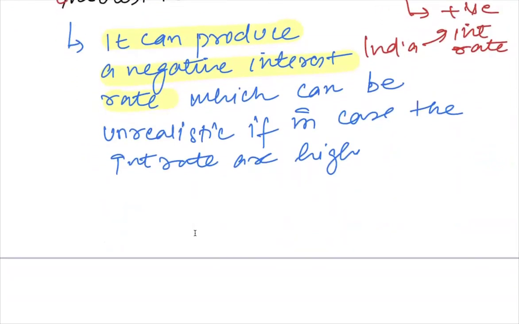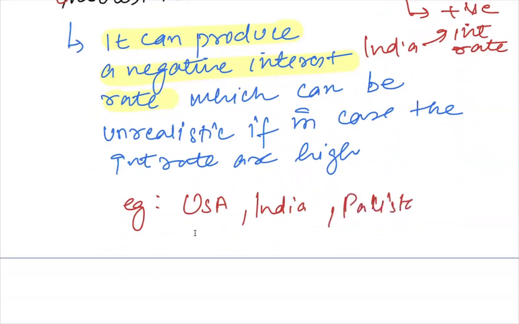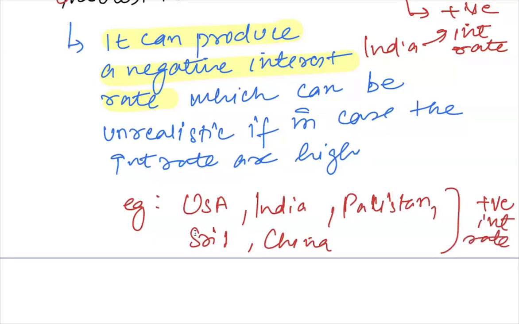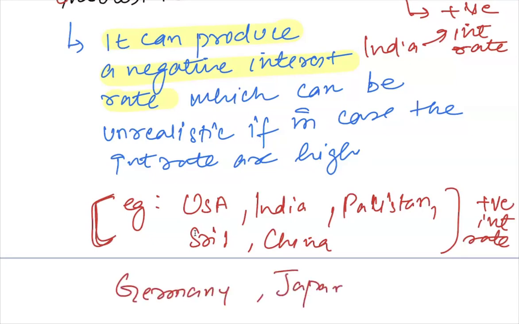If you see countries like USA, India, Pakistan, Sri Lanka, China, they have much higher positive interest rates, so models like this will not be good for certain economies like these. But for Germany and Japan, where they have negative interest rates, models like this will work great. You might be thinking, I'm based out of India or the USA, why should I learn these models?